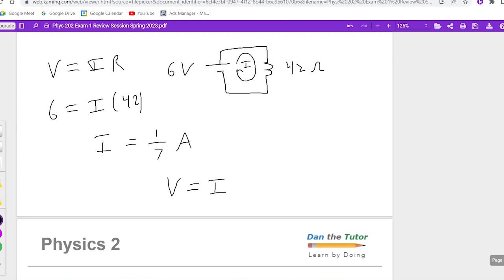And again, this is one of those times where I'm not going to say delta. I'm just going to write V. So V, we're going to start with the 10 ohm resistor. It's going to be 1/7 times the resistance, which is 10 ohms. You're just going to get 10/7 volts. And again, that's it for the 10 ohm resistor.